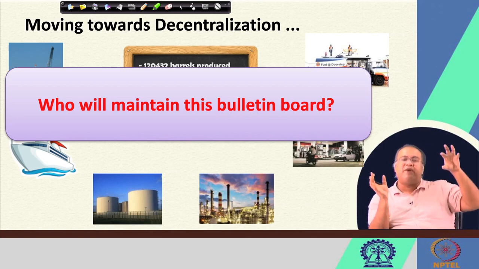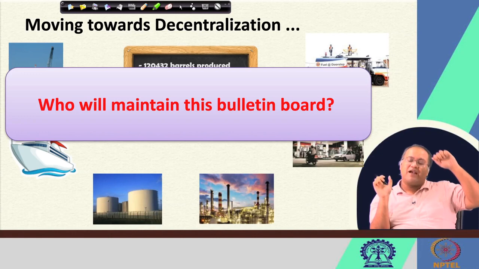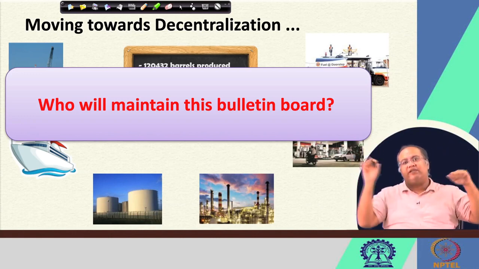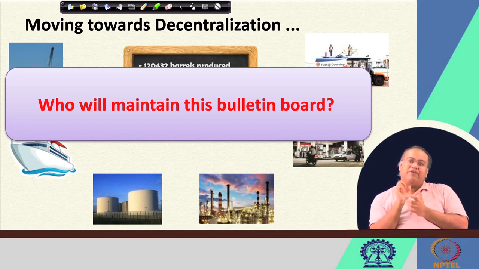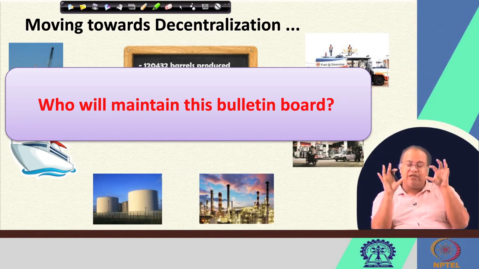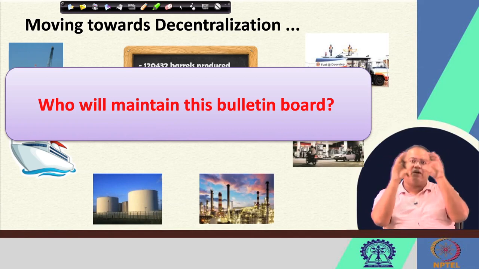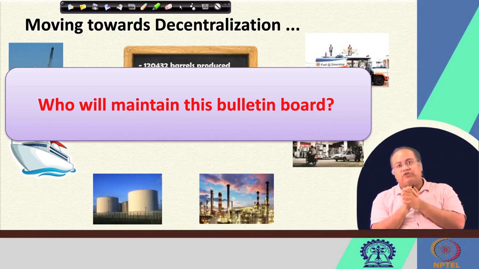Rather than a single person maintaining this information, you have 100 different persons maintaining the same information, and you are relying on the majority among those 100, that is, on what the majority of those 100 information sources are saying.